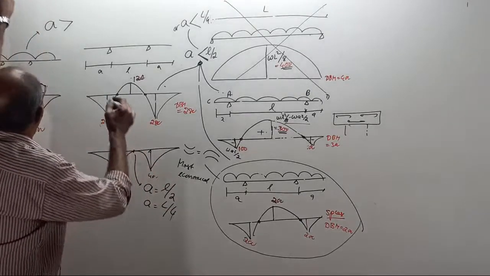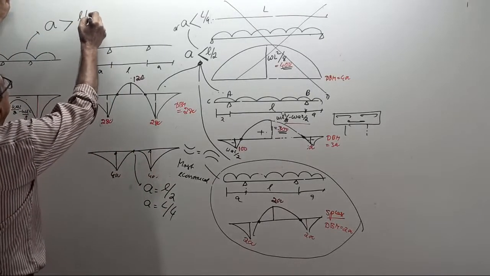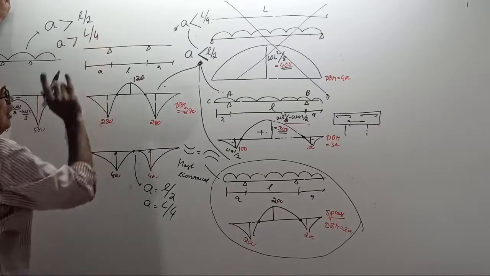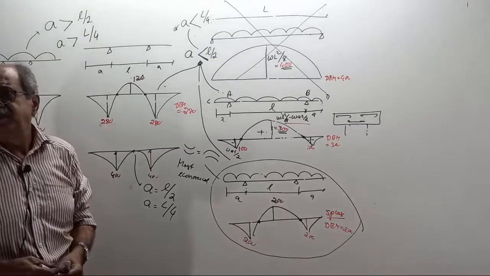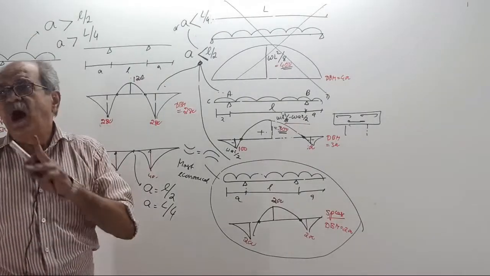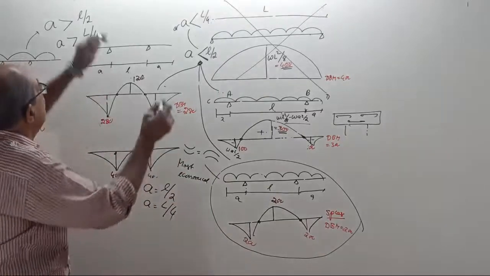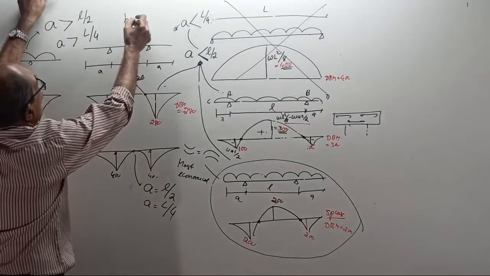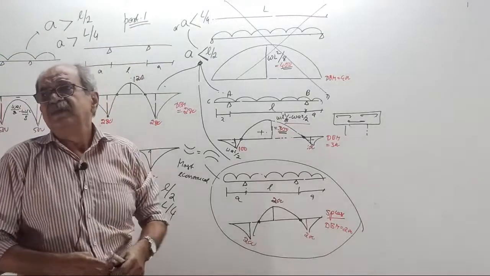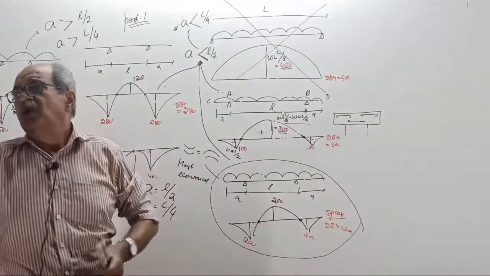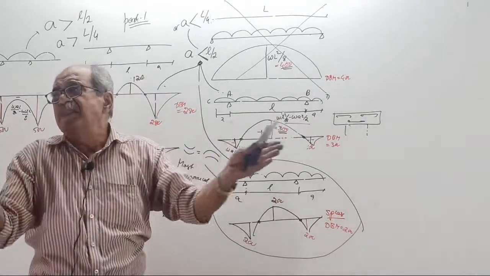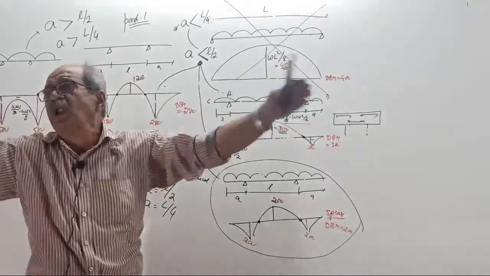A should be more than L by 2, or you can say A should be more than L by 4 of the total. These we discussed earlier. So remember, there are two parts. Part 1 is over. Part 1 is the ratio of overhang to either the span between supports or the full length.